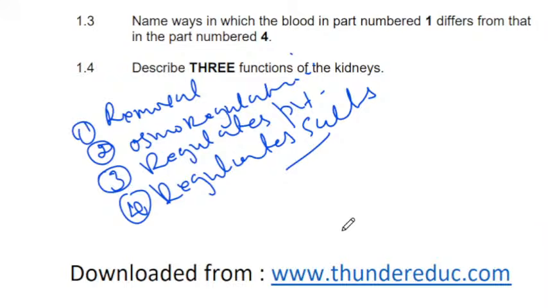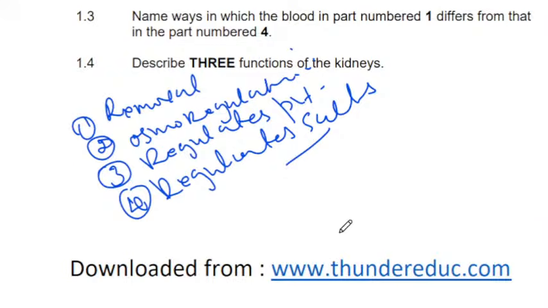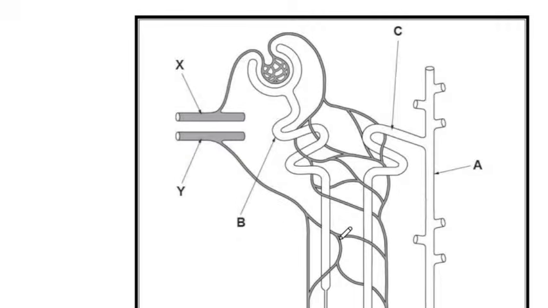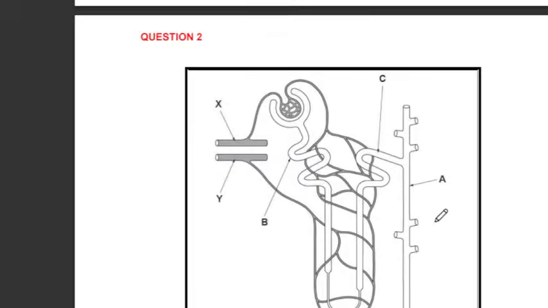Then we have the next question. If you look at that question, before I go to answer it, can you label it properly? Can you tell me what is A? What is B? What is C?